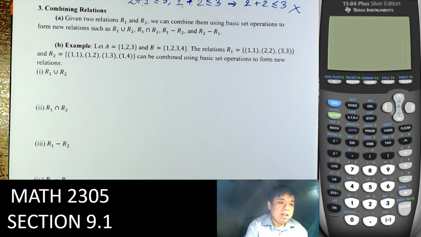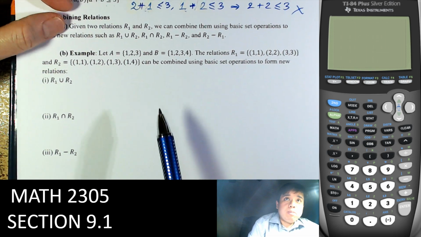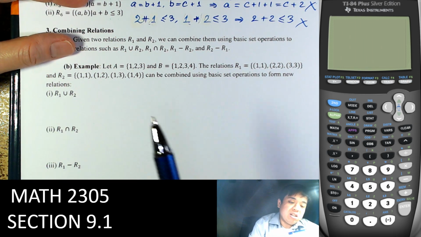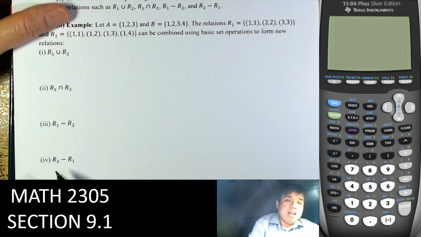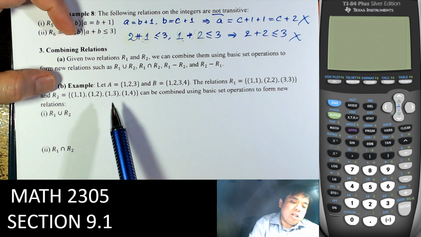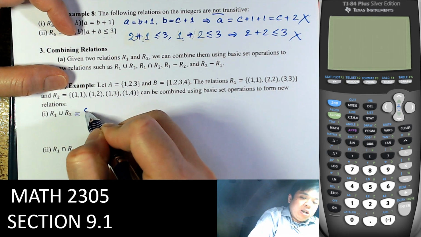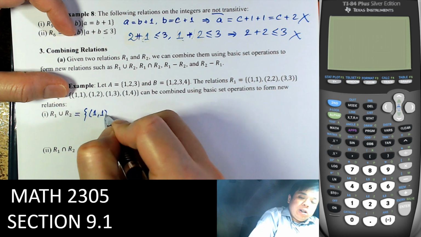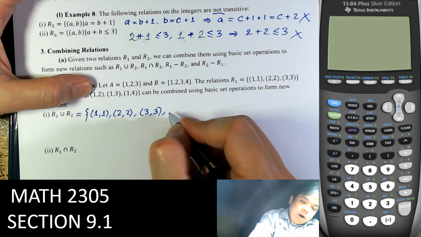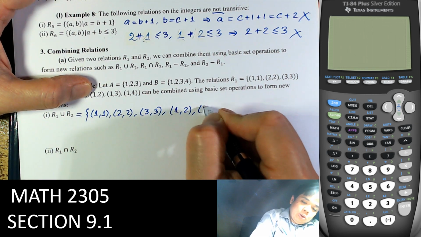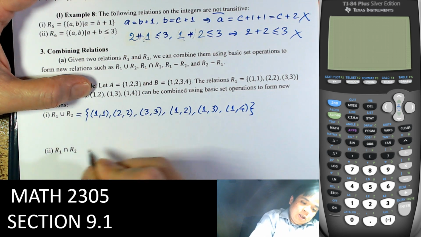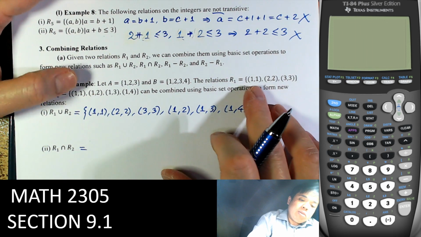Next we have combining relations. Just like a relation is just a set of ordered pairs, we can do the union, intersection, difference, and everything else. If R1 is this, R2 is this, what is the union? Of course the union, we're just going to list everything: 1, 1, 2, 2, 3, 3. Already have 1, 1, now 1, 2, 1, 3, and 1, 4. The intersection is the one that has common elements. That will be 1 and 1.